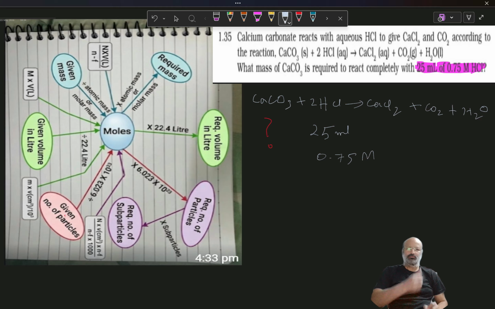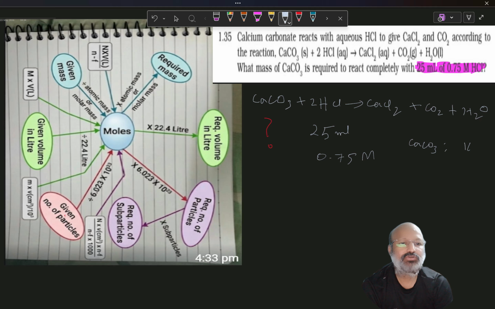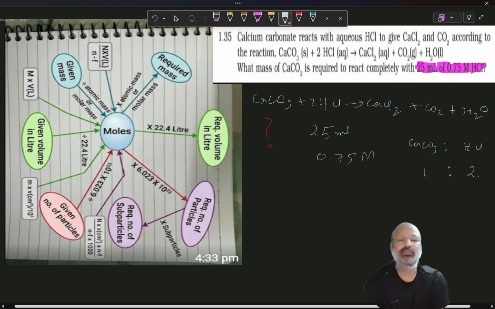Now, if you look at this particular equation very carefully, you'll find the calcium carbonate and HCl molar ratio is 1 is to 2. It is very much clear here. So if I can calculate the number of moles of HCl, then easily I can calculate the number of moles of calcium carbonate.